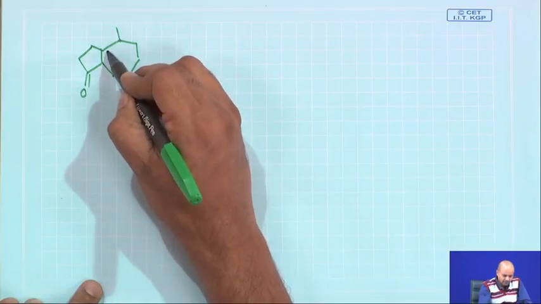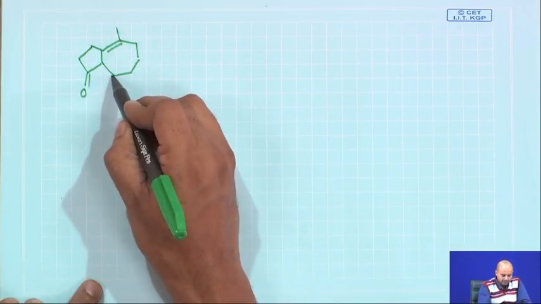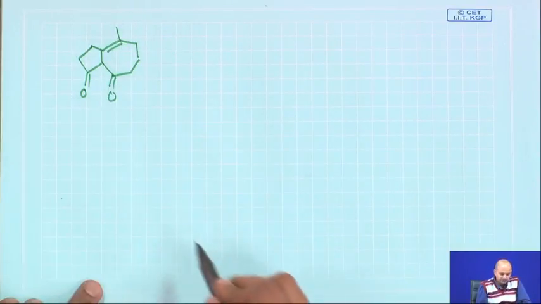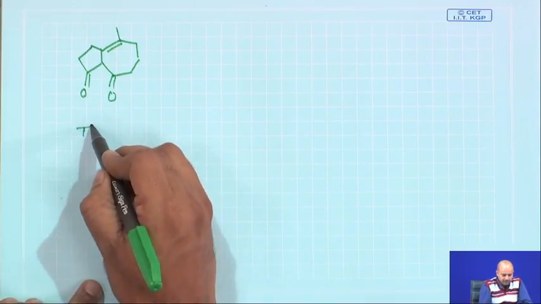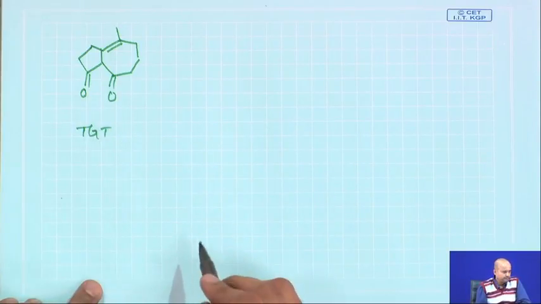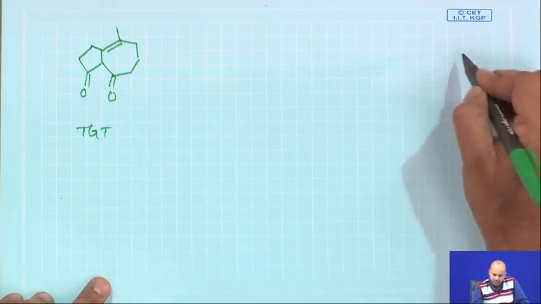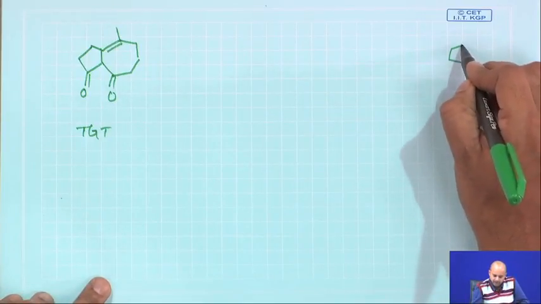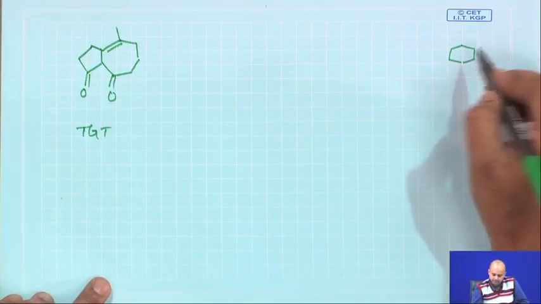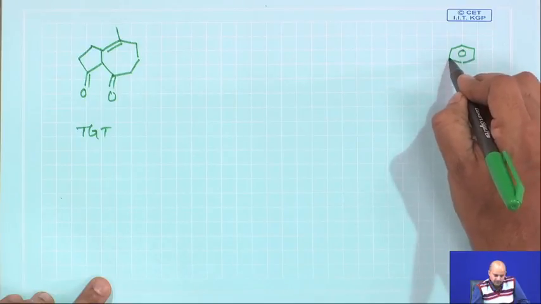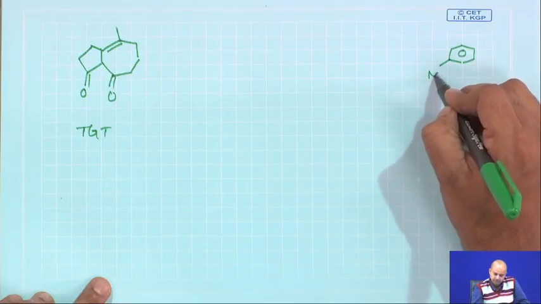I put a 5-member ring and a 7-member ring this way. So I say that this is your target. The starting material which I am giving here is at the extreme right hand side.